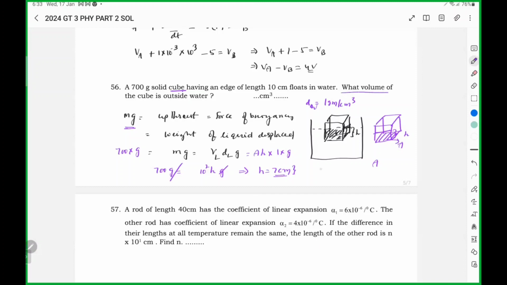So that means within the water, the volume occupied is 10 into 10 into 7, 700 centimeter cube. Outside volume is 300 centimeter cube.